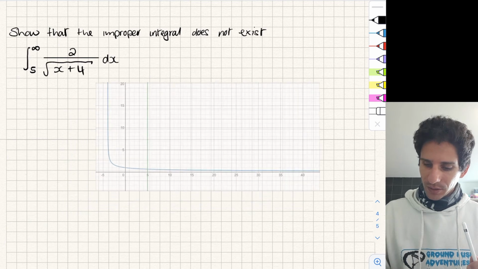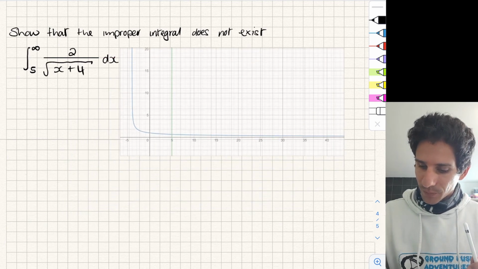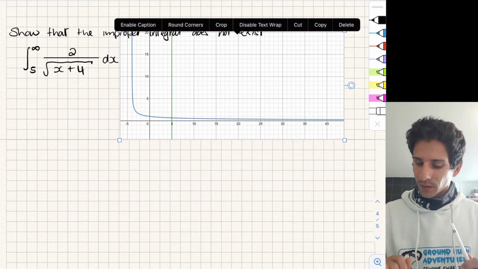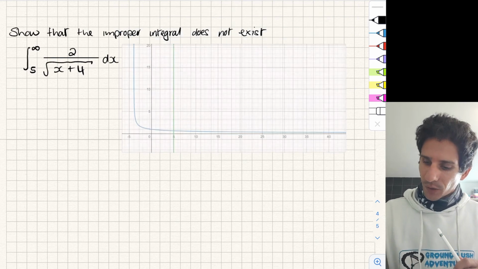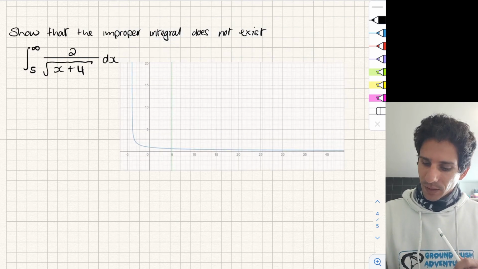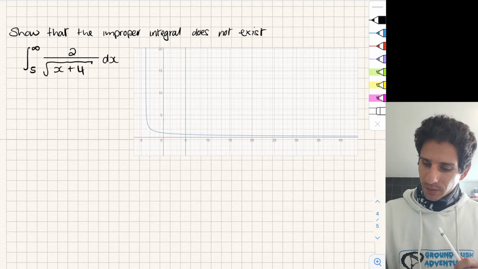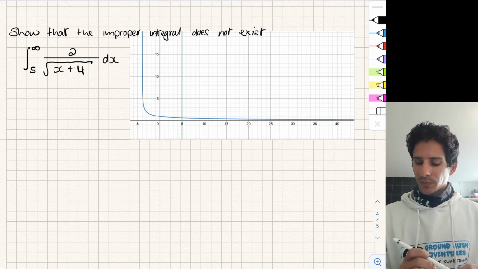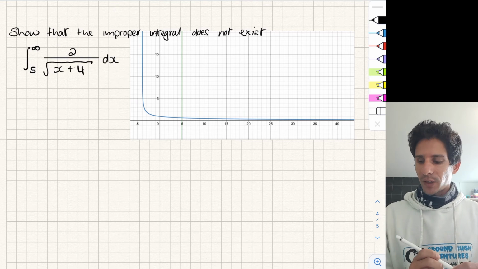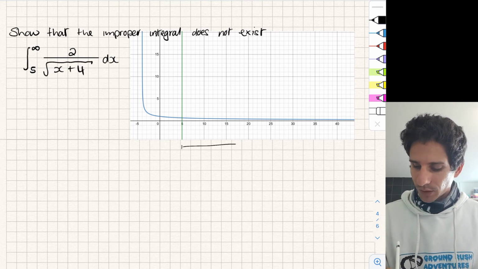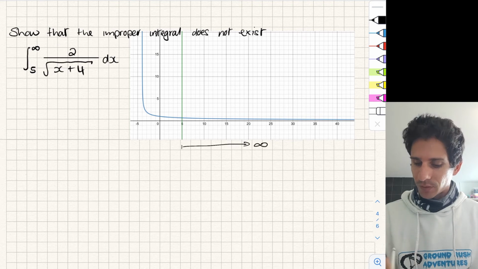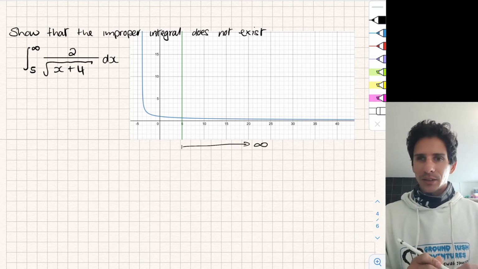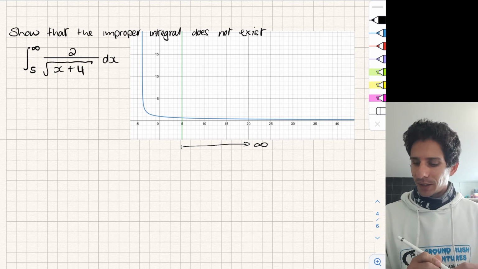So here's the graph of this function. Let's pop it up over here. You can see from 5 the line going towards infinity. You can see that the blue line doesn't really touch the x-axis.